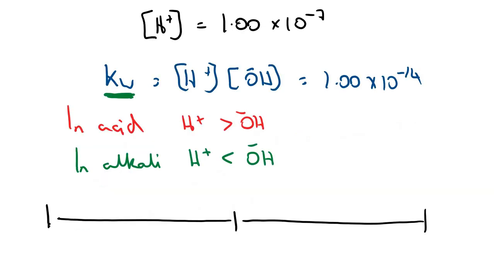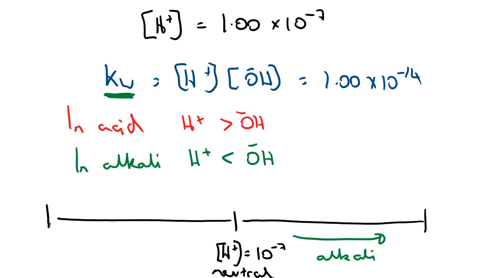So if we look at a scale, we know that when H plus equals 10 to the minus 7, we have a neutral solution. And if we go to the right, we have an alkaline solution.